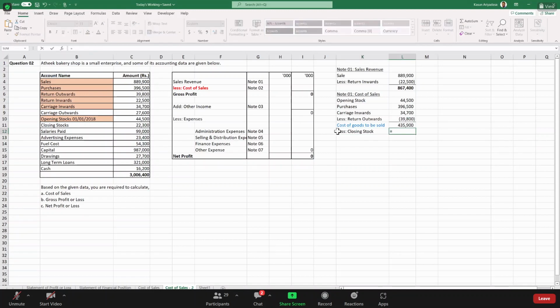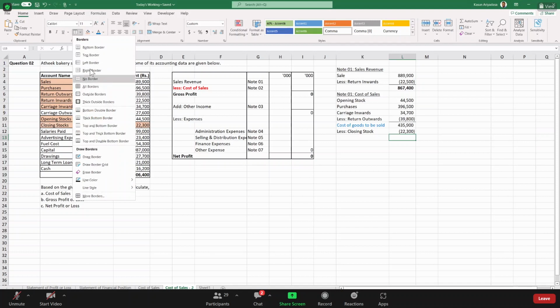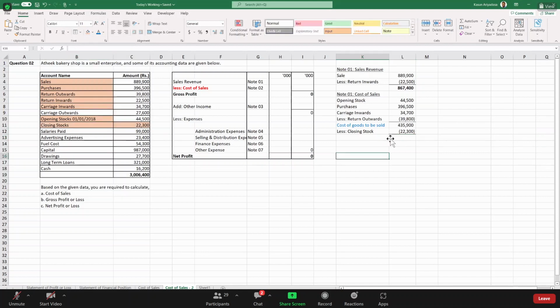Closing stock, 22,300. And then we'll come to the answer, that is cost of sales. Cost of sales is 413,600.